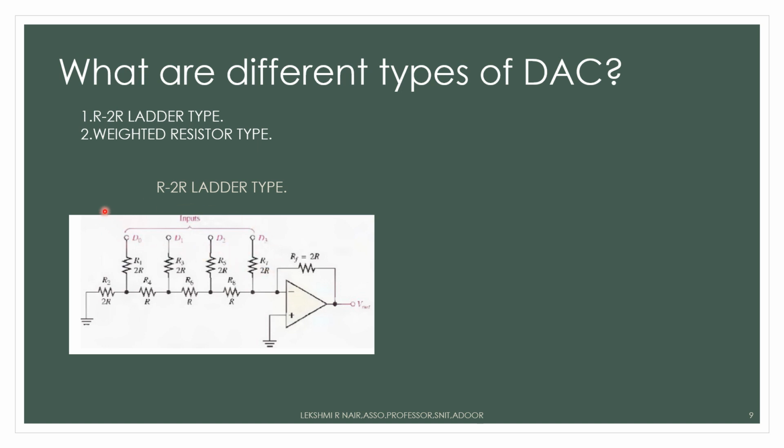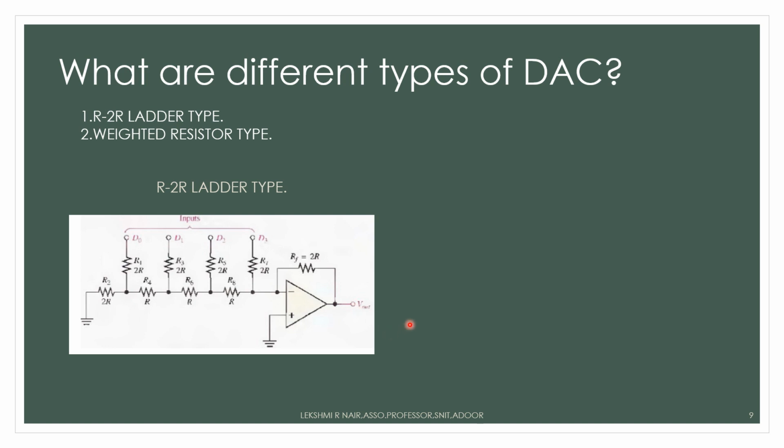So a 4-bit converter is given here. These are binary input bits. This is the analog output. So this is the digital input and this is the analog output. This circuit will convert this digital signal to the analog signal.